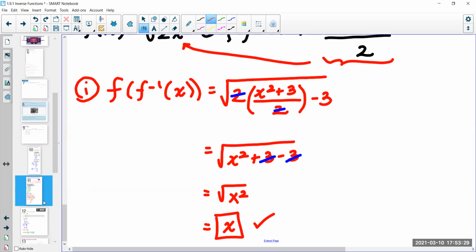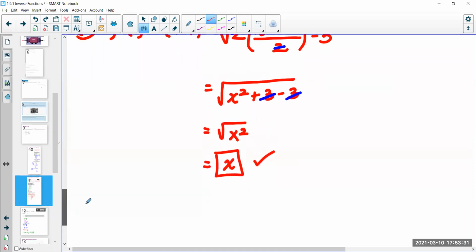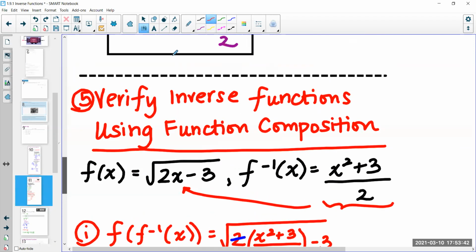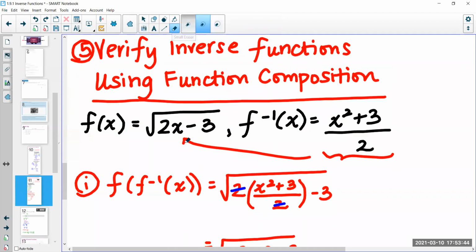Now, for the second part, we want to show that f inverse of f of x is also x. So kind of going the opposite direction. Okay.